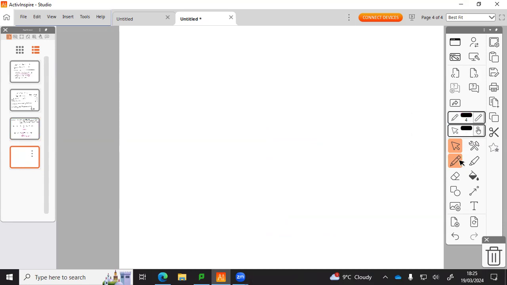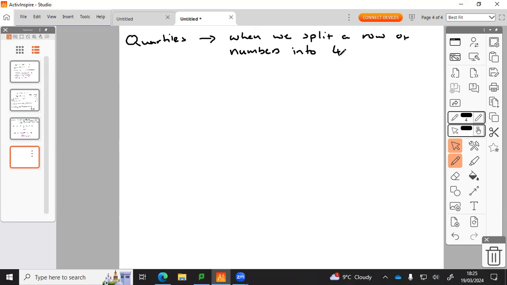Now, quartiles are slightly different. It's when we split a row of numbers into 4 equal parts.